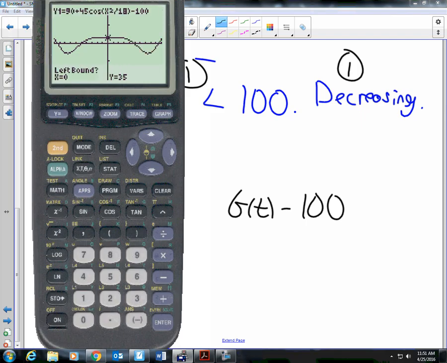It sure does, right here. We're going to calculate a left bound, and we'll calculate a right bound. And we get at time equals 4.9234803. So at that time is when it has a maximum.